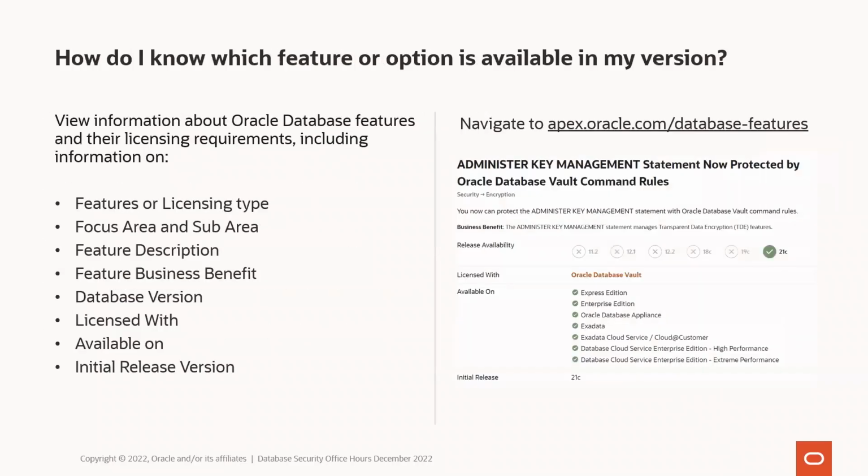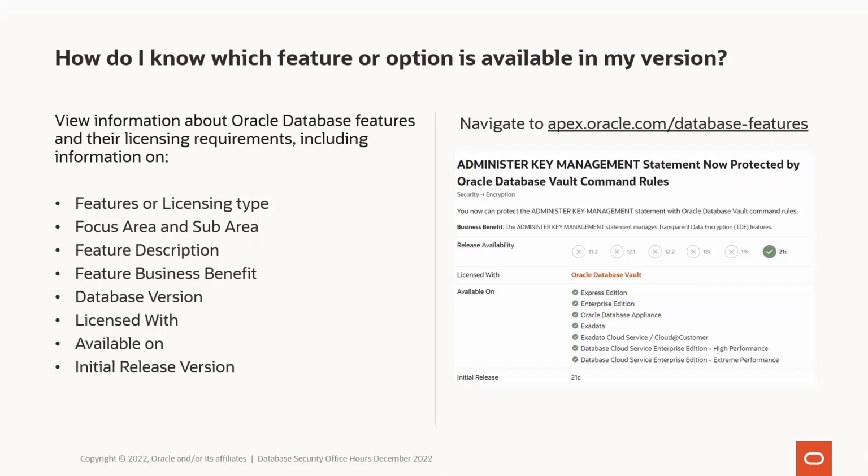This is something I haven't talked about in a while that I thought was relevant and always useful. There's an application available within the docs.oracle.com site that has to do with database features. The quick link to get there is apex.oracle.com/database-features. What it allows you to do is view information on features and licensing requirements.